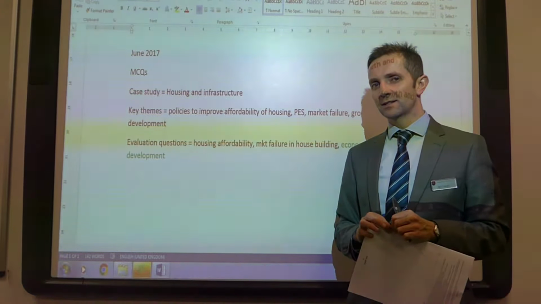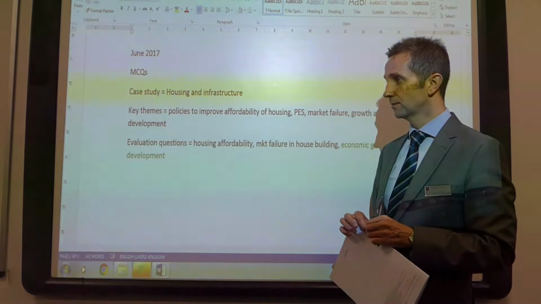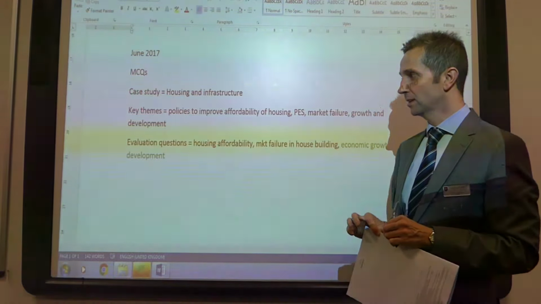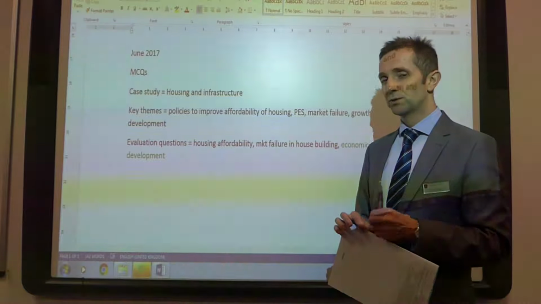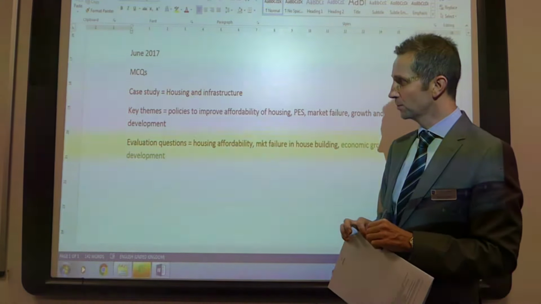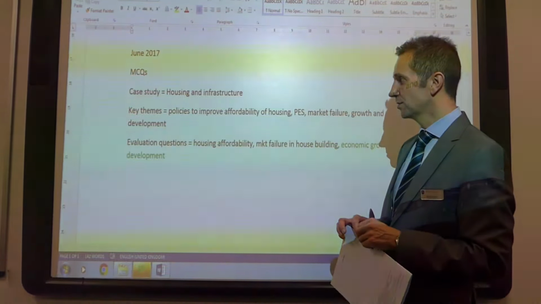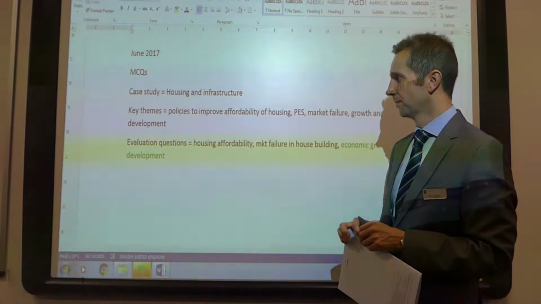Interestingly, David Smith, just in the Sunday Times, just gone, the 13th of May, was talking about the housing market. It's well worth having a look at that if you haven't already done so. Maybe it's a bit unlikely that you'll get a case study this year on housing, but you might get a question about it.